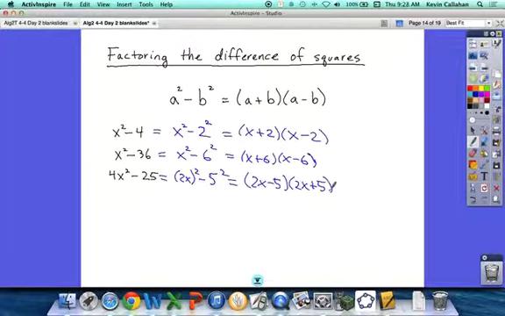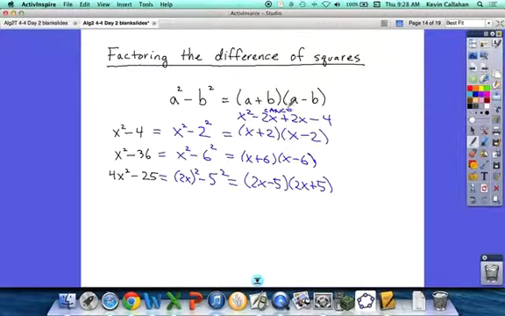And remember, you could FOIL that, right? If I FOILed this one here, notice what happens. The x times x is x squared. The x times negative 2 is negative 2x. The x times positive 2 is positive 2x. And the 2 times negative 2 is minus 4. So the middle terms cancel, and they always will.